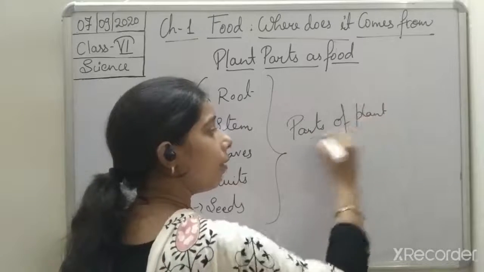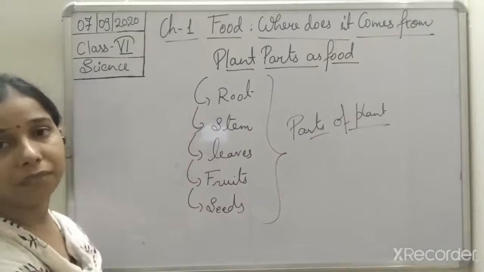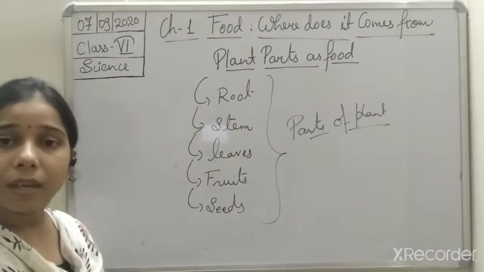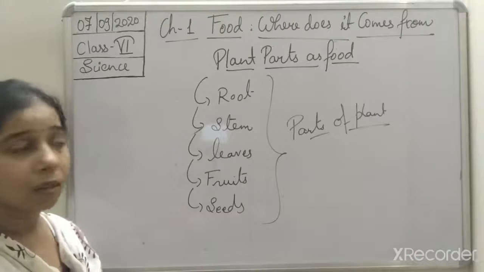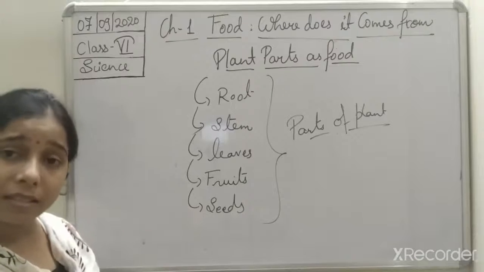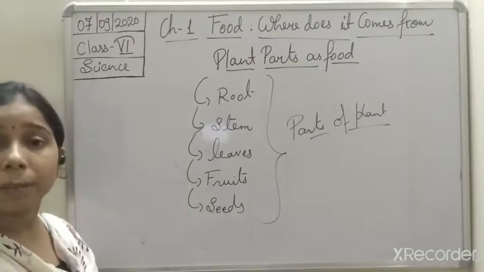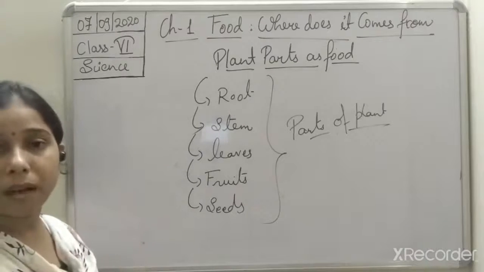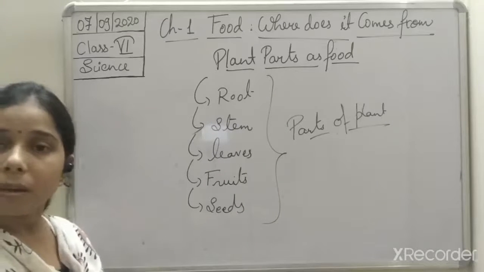And in every different kind of plant, we eat a different part of that particular plant. It means that maybe in one plant we are eating the root, or in a particular plant we are eating the stem, or the leaf, or we are taking the fruits, or we are consuming the seeds of the plant.